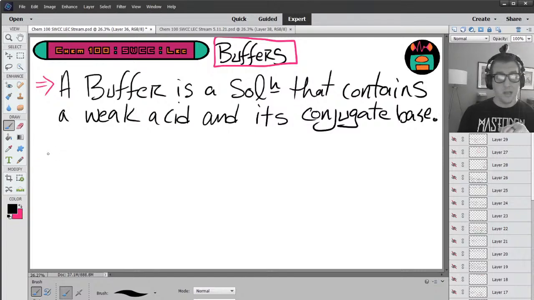All right, it's a solution that contains both a weak acid and its conjugate base.